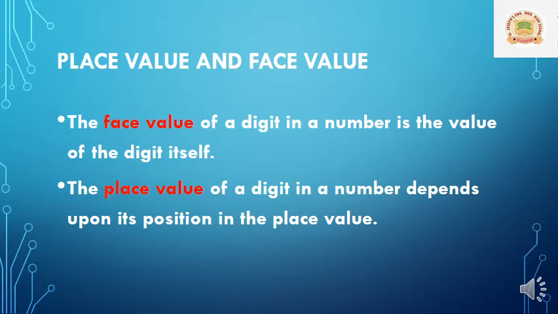For example, in 5230, what is the face value of 5? 5000 is the place value. Face value should be 5 only. And the place value of a digit in a number depends upon its position in the place value chart.